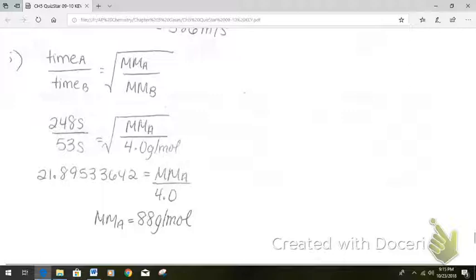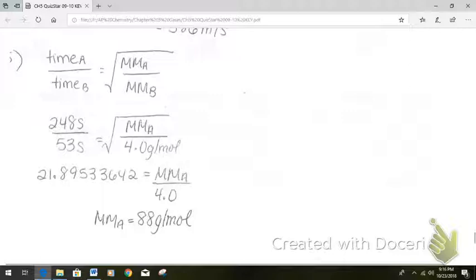So the helium got out faster, which tells me it's the smaller molar mass. So you put the smaller molar mass on the bottom, so 4 grams per mole, and helium's time also goes on the bottom on the left side, which was 53 seconds. And then the time of the unknown was 248, and then obviously that equals the square root of molar mass A on the top. That's the one you're trying to solve.